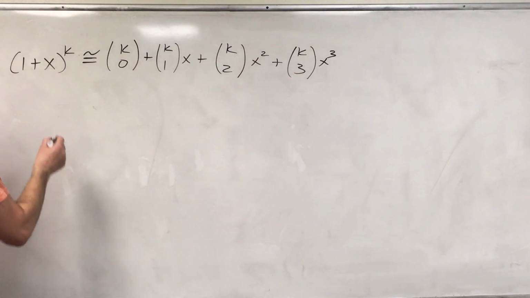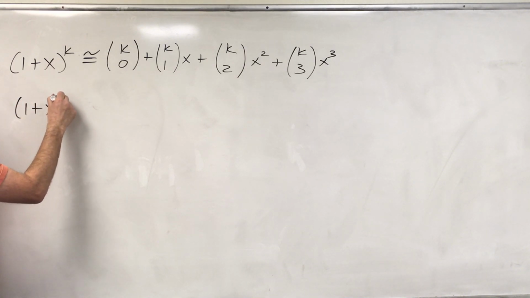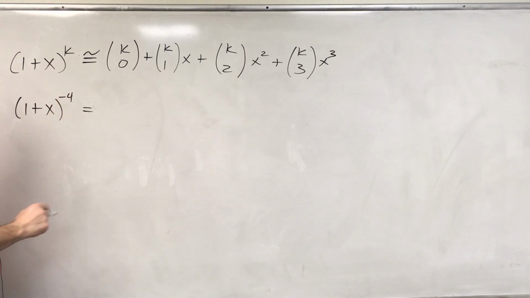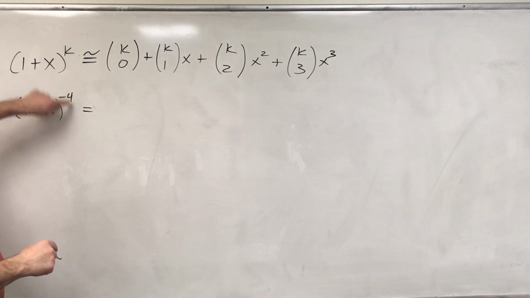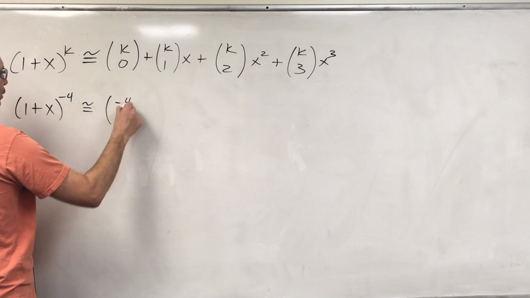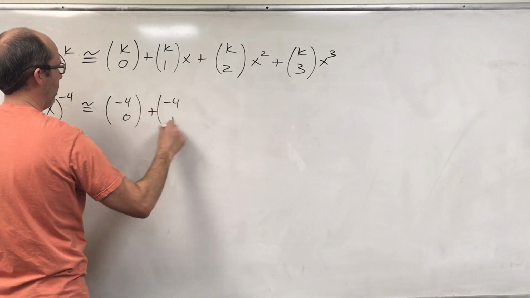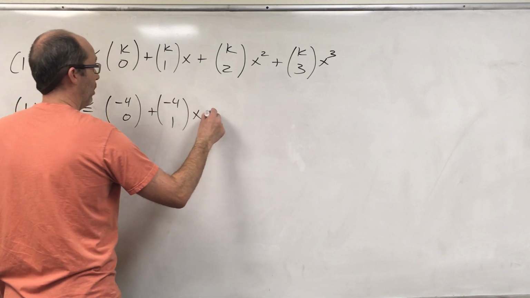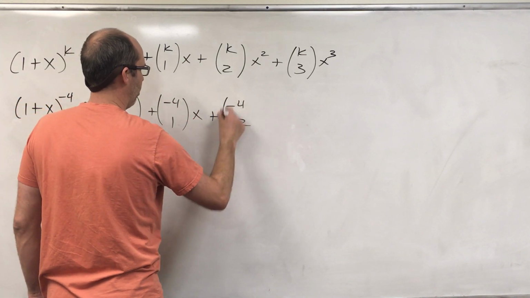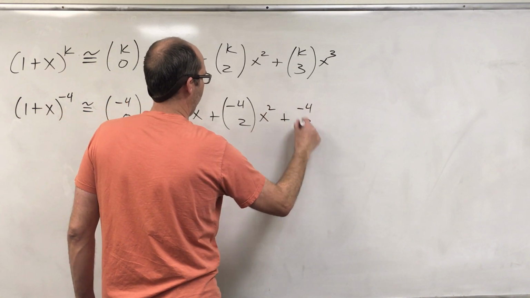All right, so what we're concerned about, or what we want to find, is 1 plus x to the negative 4. Okay, so this negative 4 is acting like the k there. So we've got negative 4 and 0 plus negative 4 and 1 x plus negative 4 and a 2, negative 4 and a 3.